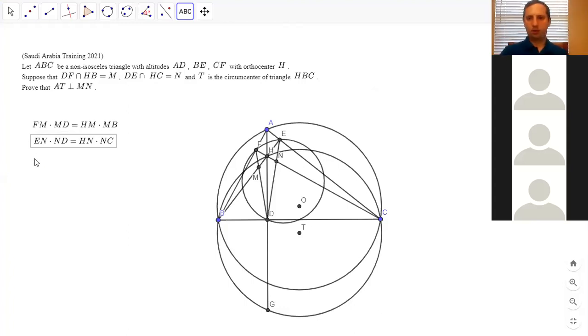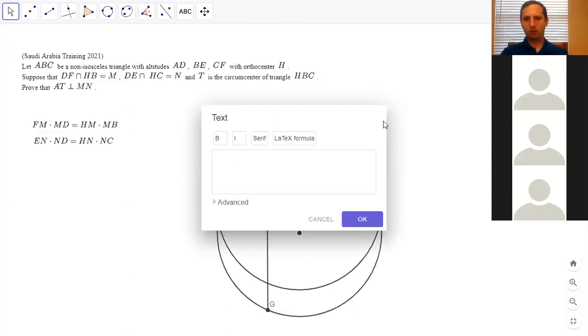So MN is the radical axis of HBC and DEF.